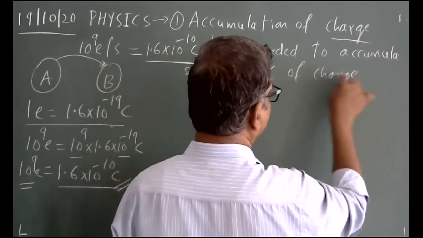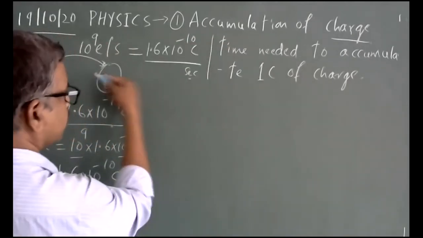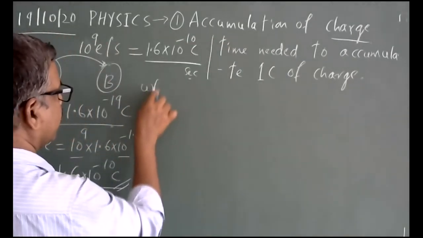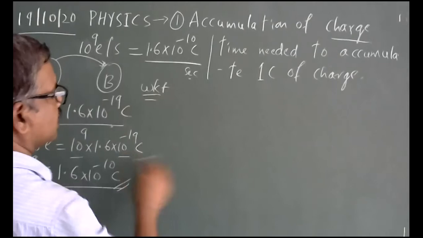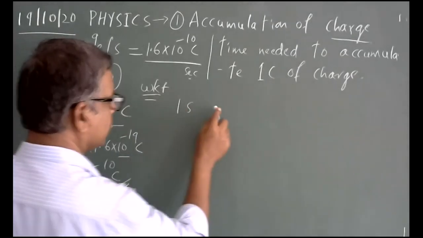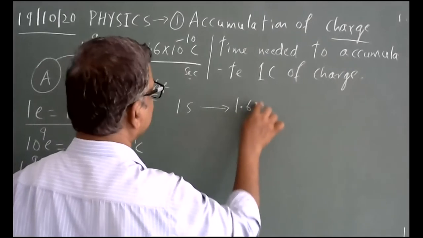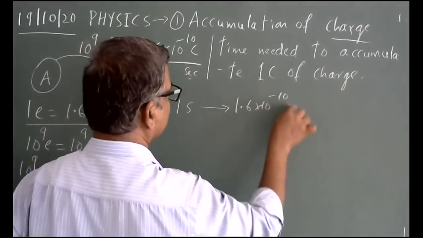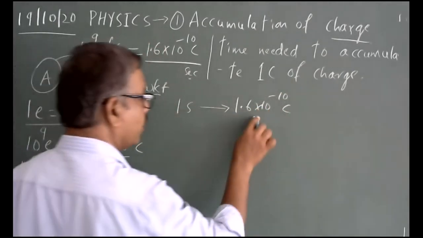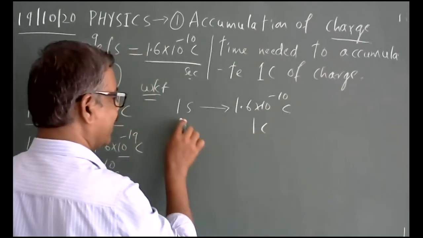You need to calculate charge. So from this calculation, we know that 1 second corresponds to this much charge, 1.6 times 10 raised to minus 10 coulomb. So if you want to accumulate 1 coulomb, what is the time required?